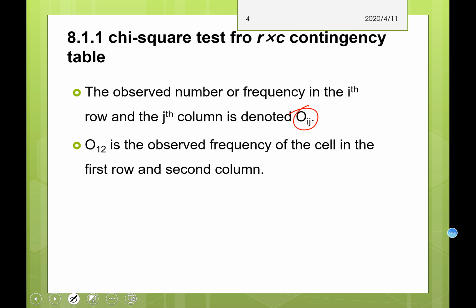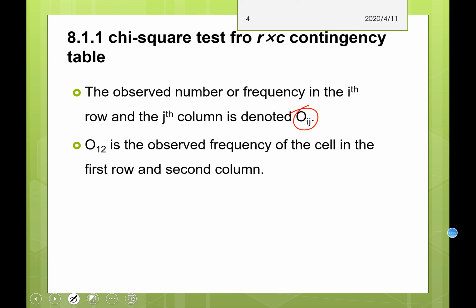That is the number of individuals, what really happened in this study. i means the ith row, and j means the jth column. So O11 is the observed frequency of the cell in the first row and the first column. O12 is the observed frequency of the cell in the first row and second column.